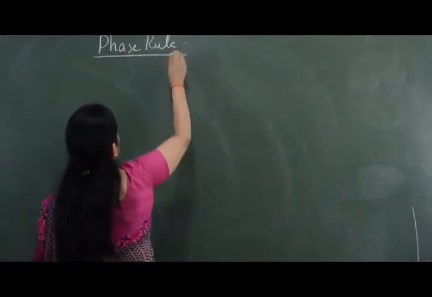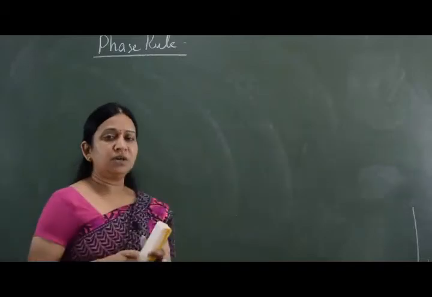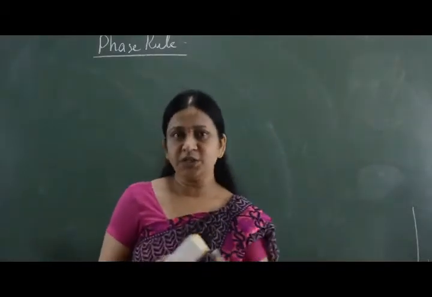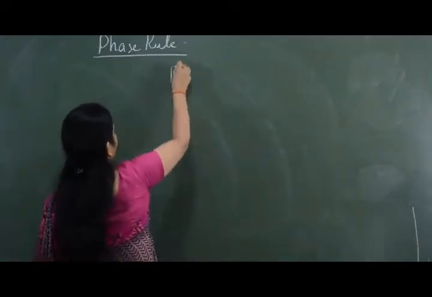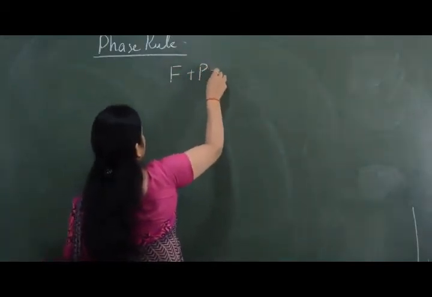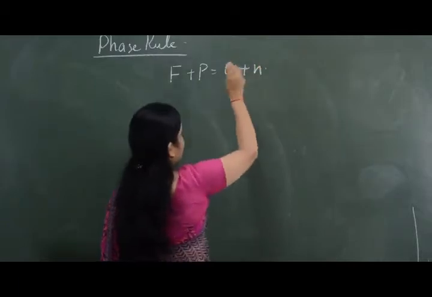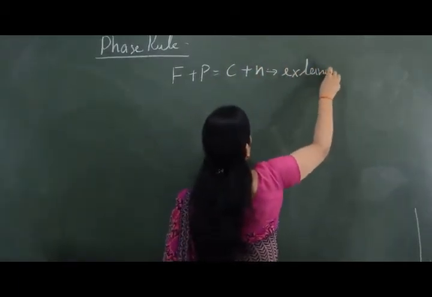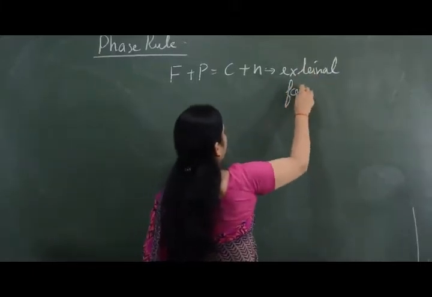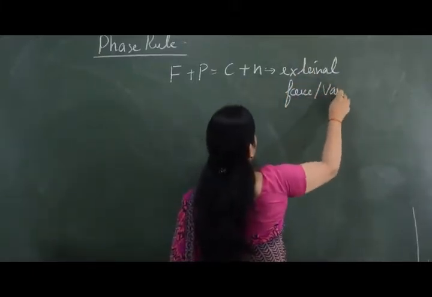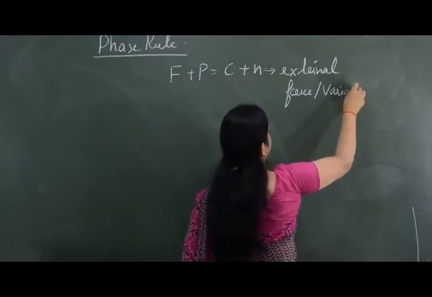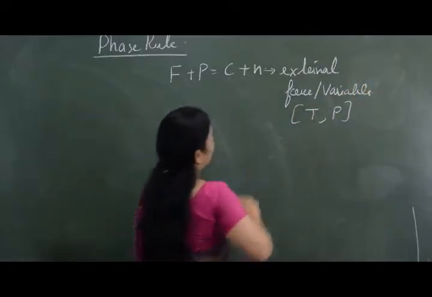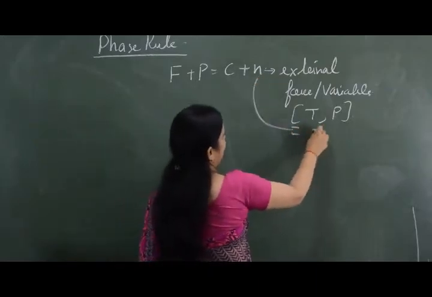Next we have the phase rule. So phase rule is basically how the degree of freedom, phase and components are related to each other. So F plus P is equal to C plus N. N is the external variables which are being used. External variables are temperature and pressure, and it is taken as 2.